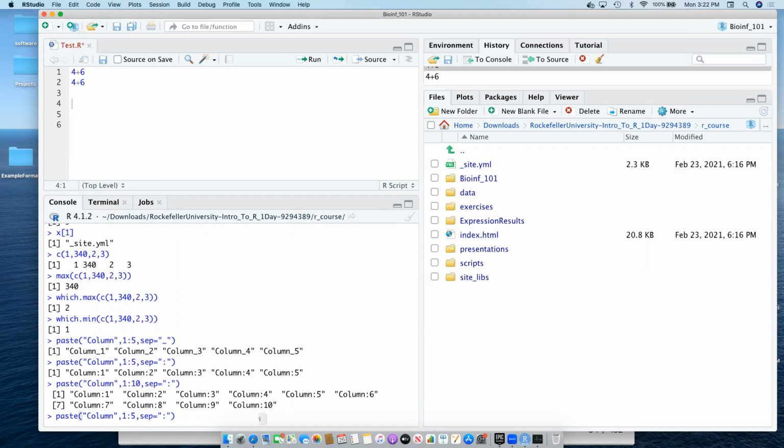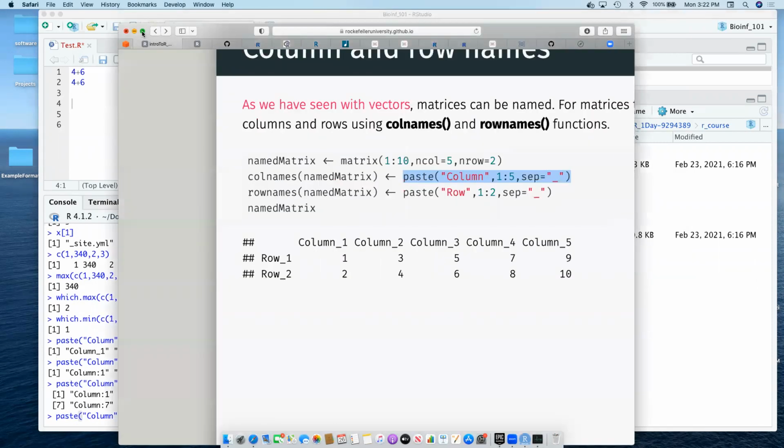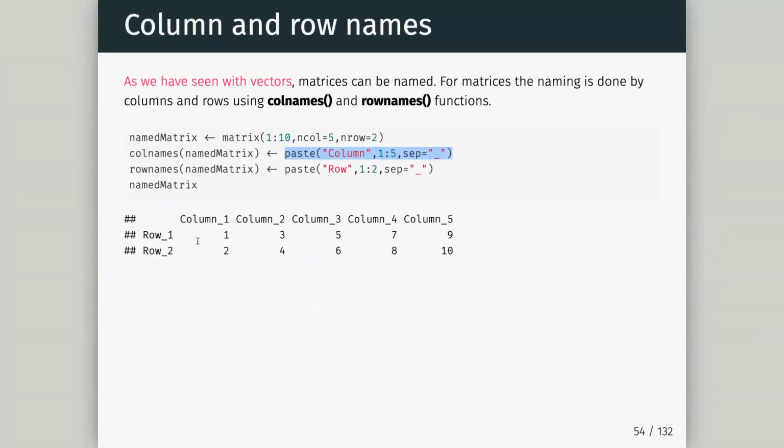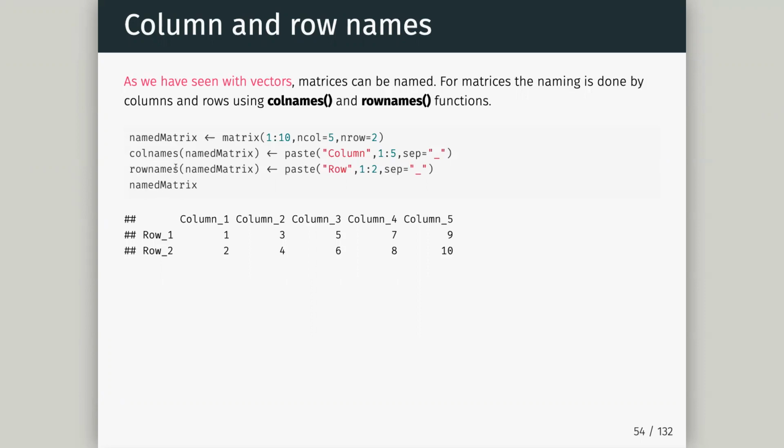Okay. So I'm going to use that to assign row names and column names to my matrix. And now I have my named matrix with column names across the top. We can not just assign these column names and row names, we can actually retrieve these names as well.